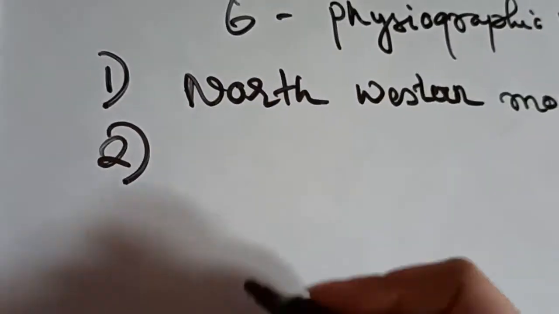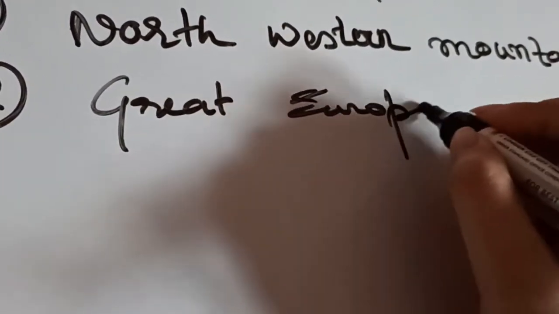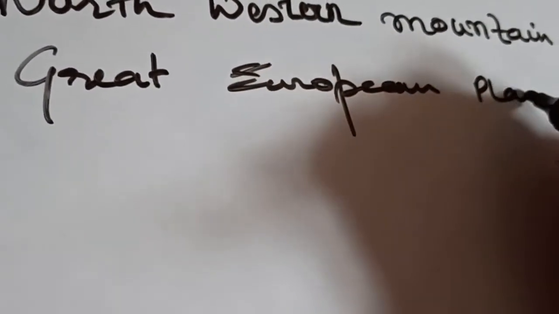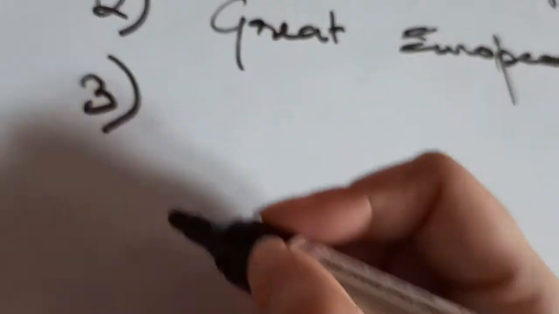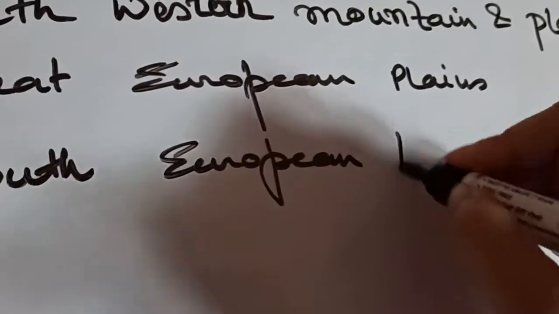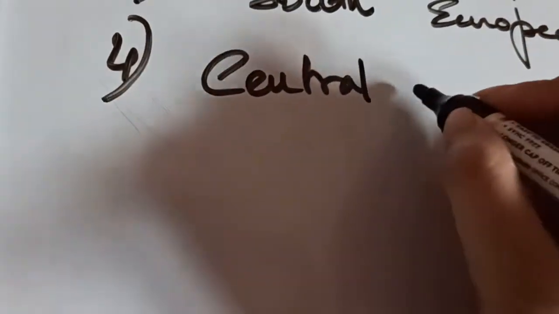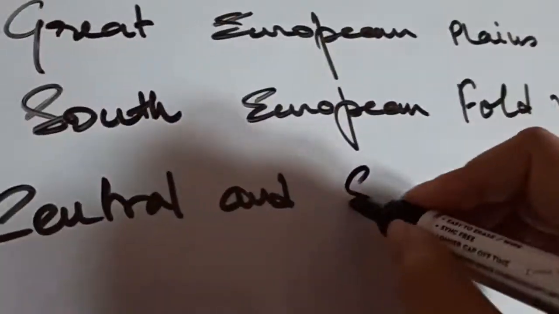Then number 2 is the Great European Plain. Number 3 is the South European Fold Mountain. Next, number 4, the Central and Southern Highlands.